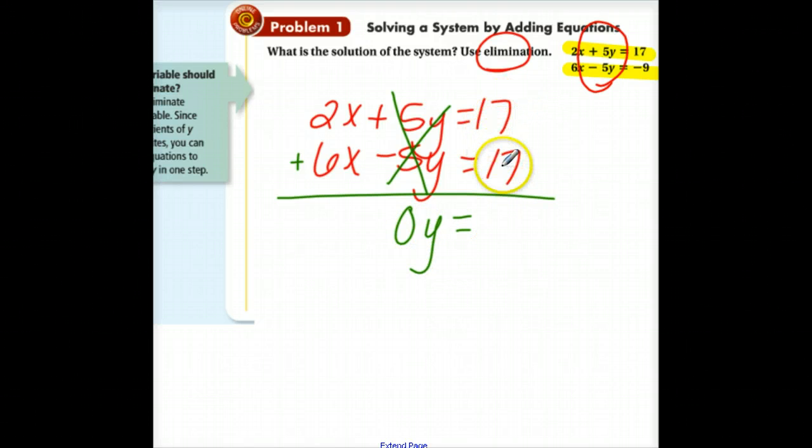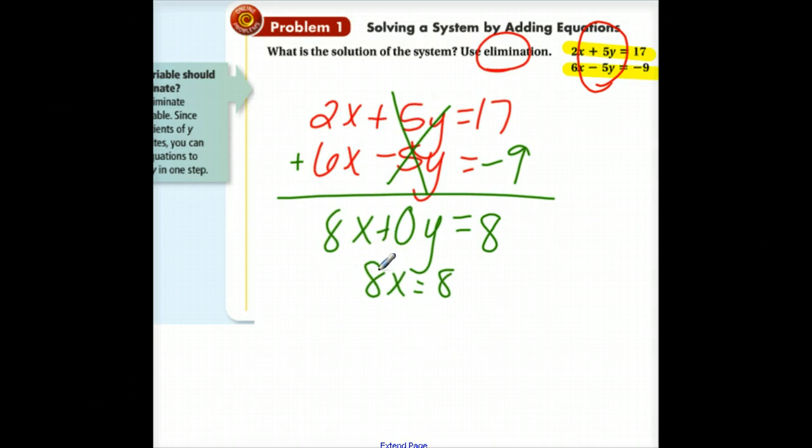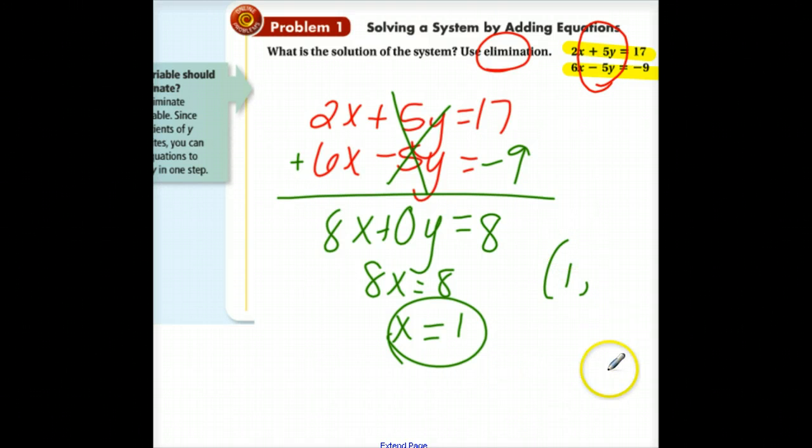Now, 17 plus 17, oh, I wrote the equation wrong. 17 plus a negative 9 gives you 8. And 2x plus 6x is 8x. So my equation is 8x equals 8. Solve for x by dividing 8 on both sides. X equals 1. That is the x coordinate of my solution.